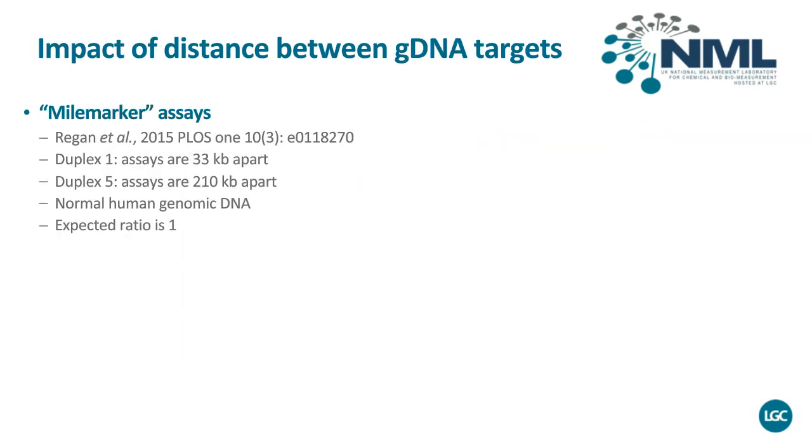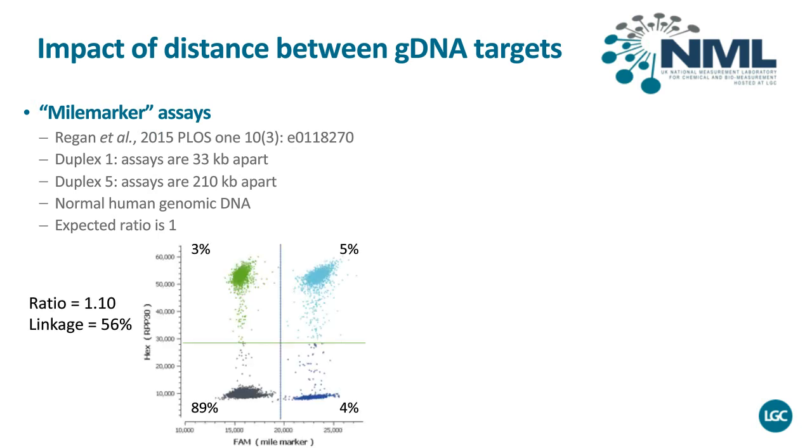So how does this relate to HER2 amplification? We need to move into the genomic DNA. And this is where I'm just putting up some of the mile-marker assays, which were published by Regan et al. in 2015. We've got a duplex of assays that are 33 kb apart or 210 kb apart. And just looking at normal human genomic DNA, we'd expect a ratio of 1 to 1.